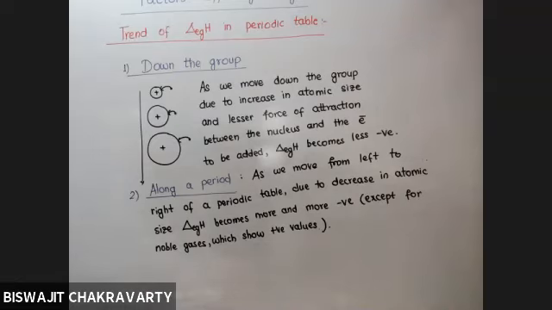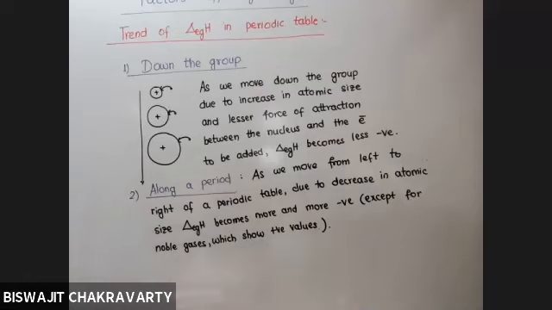So any property that is being shown down the group, exactly the opposite is shown along a period. There is no property which is found to be similar down the group and along a period. You must have seen that atomic size was increasing down the group, but decreasing along a period.